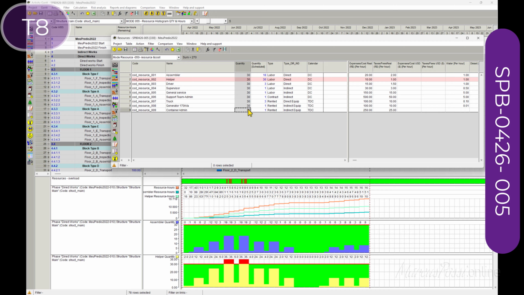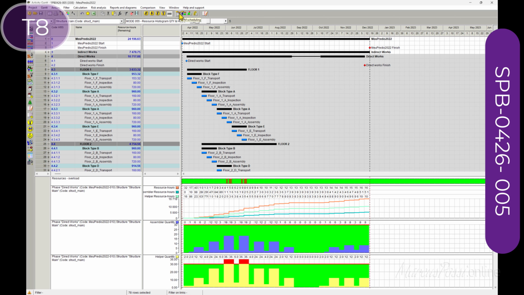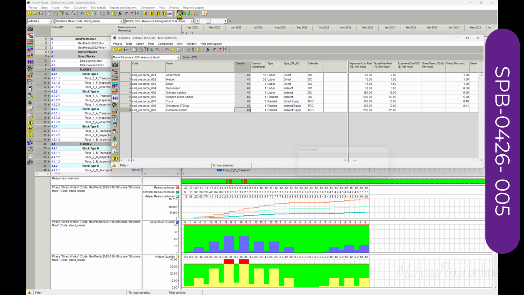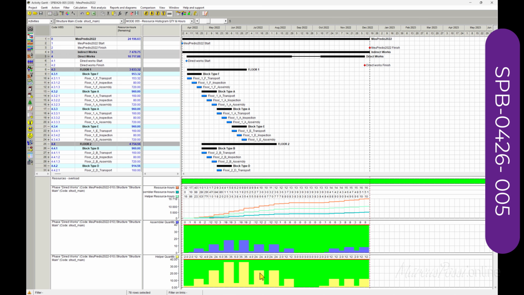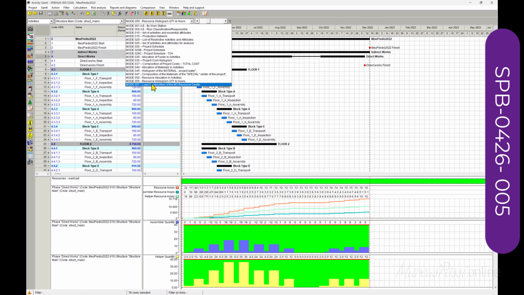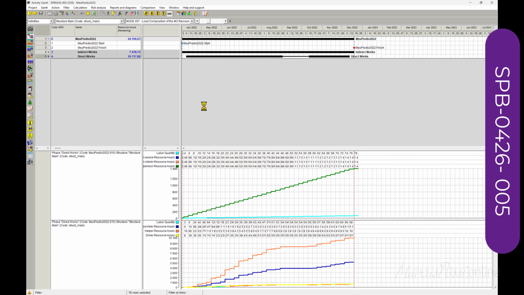Let's go back to 40. Calculate again. And the red line disappears and the red bars here disappear. Everything's okay. 55 okay, 57's the last one. What is it needed?